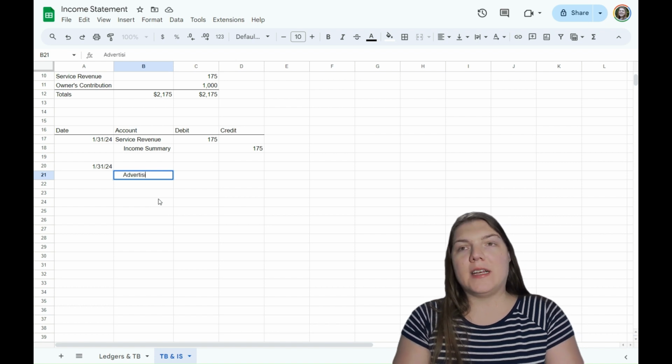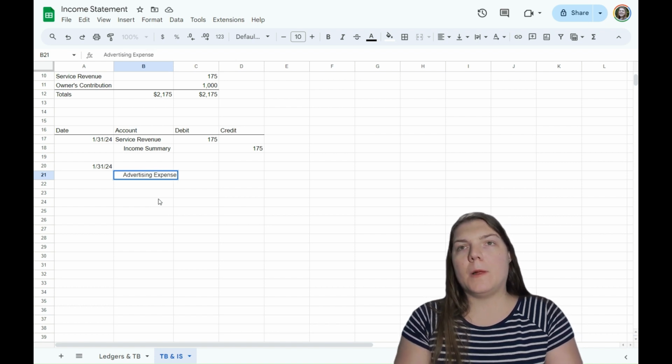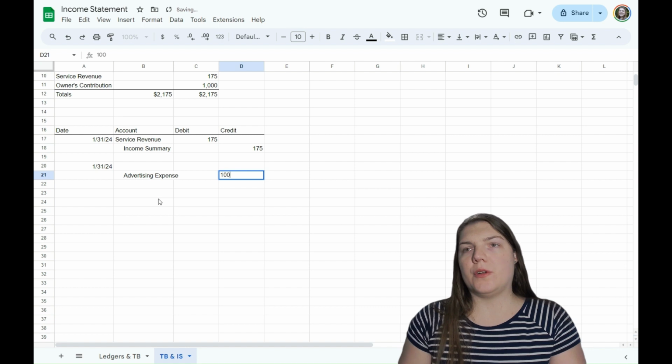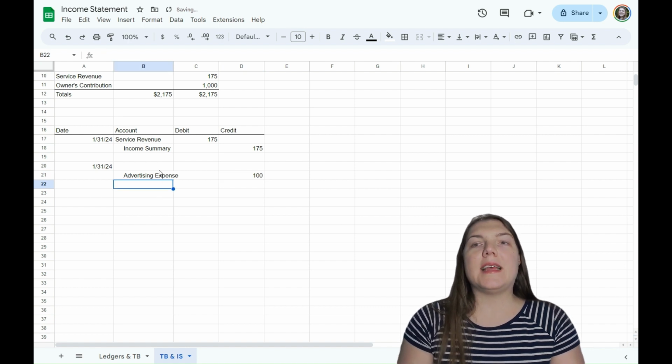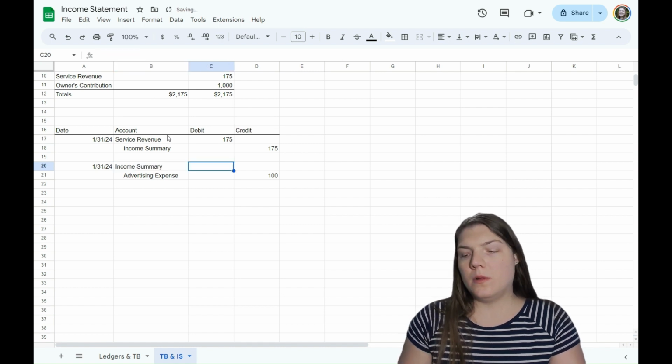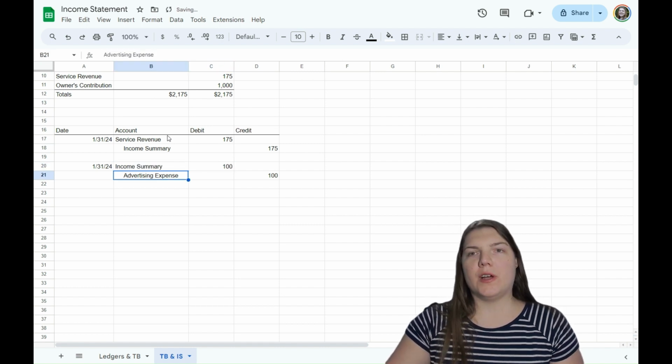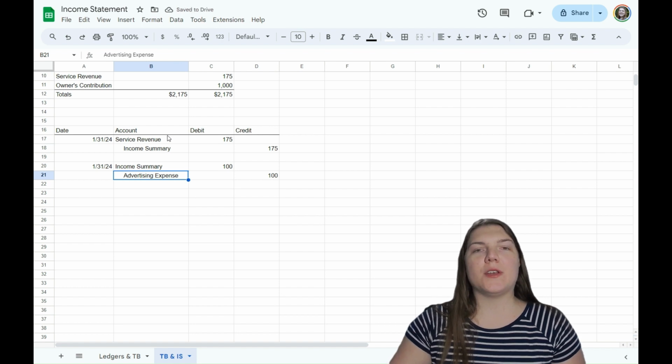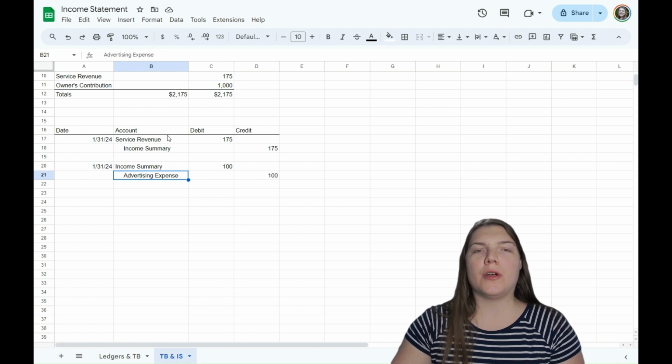We'll credit advertising expense for $100. And as we talked about before, we have this other account, income summary, that we will debit also for $100 so that our debits and credits equal each other. And like we said, if we had multiple expenses, they would all get credited here. Because we don't, it's just this one.